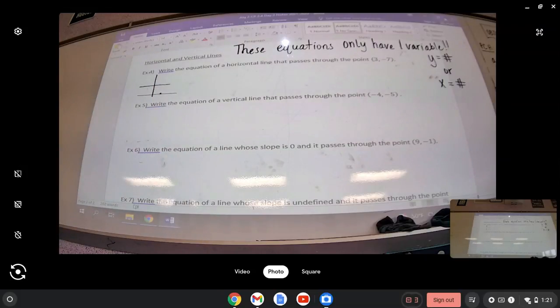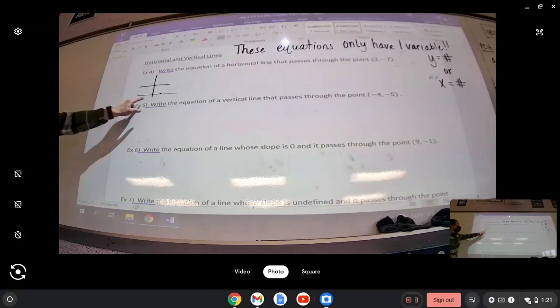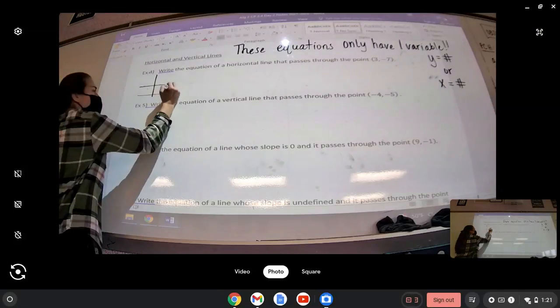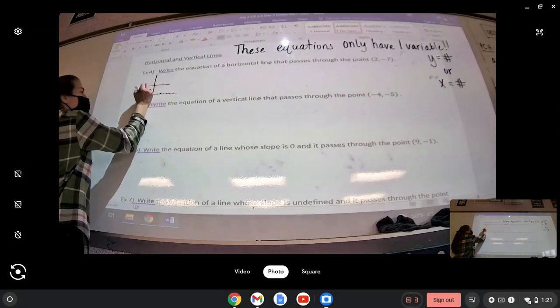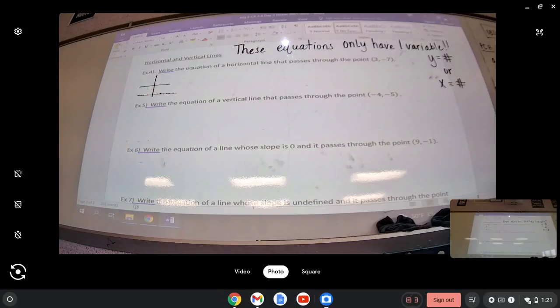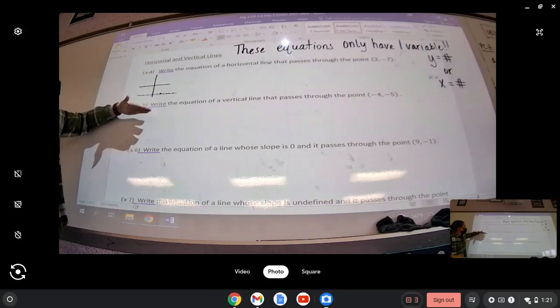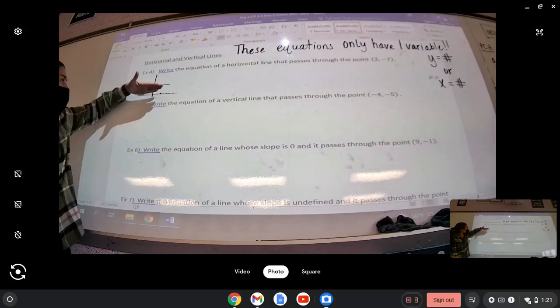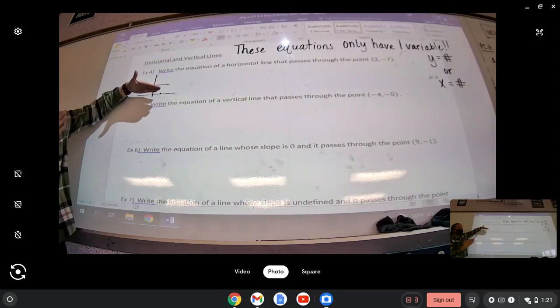On horizontal and vertical lines, there's always a coordinate that never changes. Think about every single dot on this line. Which coordinate is always the same? The -7, the y coordinate. This line never goes up, it never goes down, so the y coordinate is always stuck at -7.